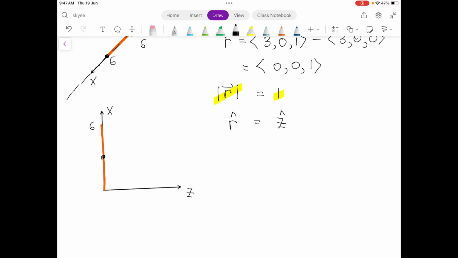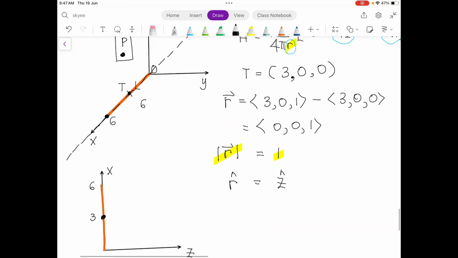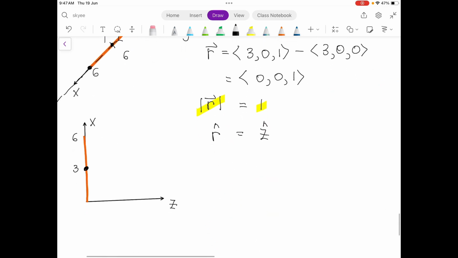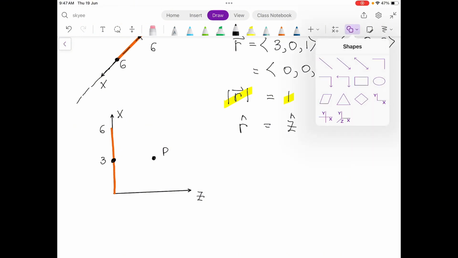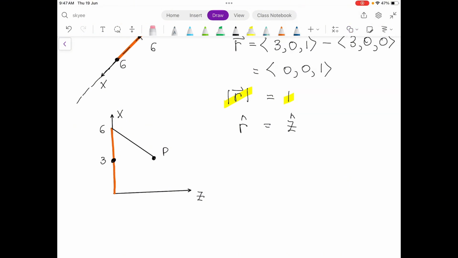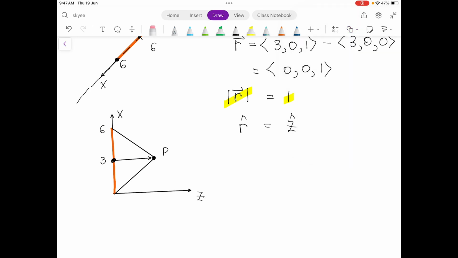My point T is here, coordinate 3. And my observation point is 3 and 1, so 3 and 1 is here. This is my point P. You can join the point P with the end of your current filament, just joining them together, and this is representing your unit vector r just now.